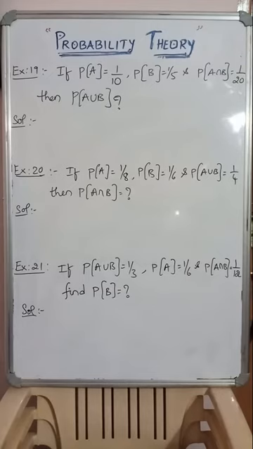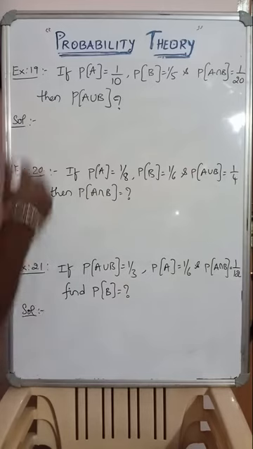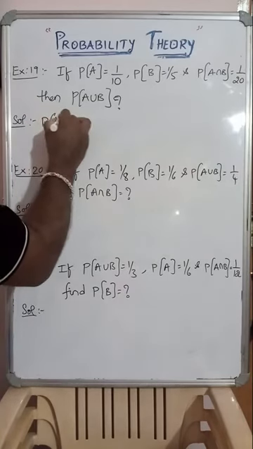Look here, totally 3 examples. If P of A equals 1 by 10 and P of B equals 1 by 5 and P of A intersection B equals 1 by 20. So directly all 3 probabilities are given with respect to A, B, A and B. Now just find P of A union B. What is the formula? First write the formula.